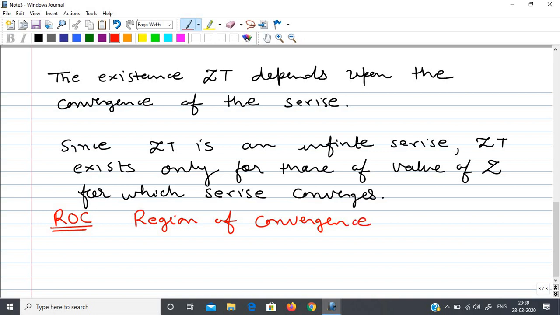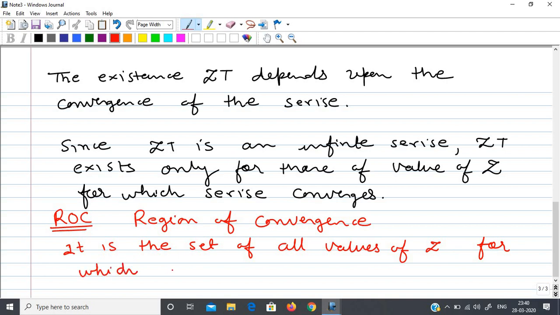The region of convergence of X of z is the set of all values of z for which X of z attains a finite value.